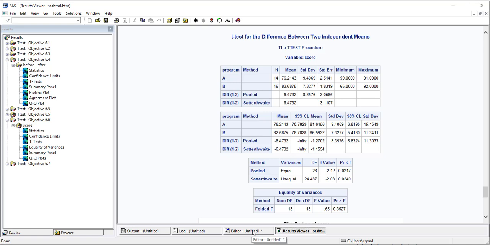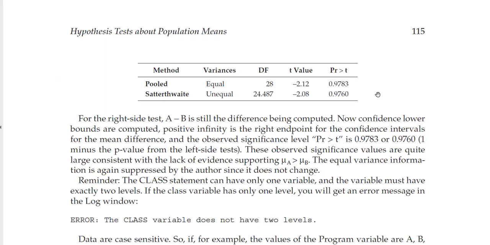Likewise, if you run the upper side, your p-value is still going to take A minus B. When you look at an upper sided test, probability greater than t, you'll notice this value takes 1 minus the previous p-value for the lower sided test, and that's because the probabilities must sum to 1.